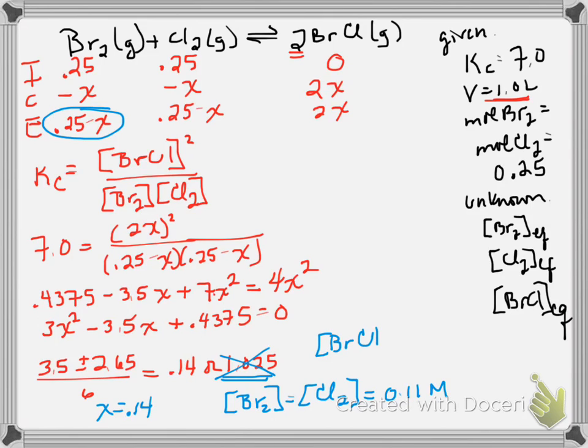Concentration of bromine chloride is going to be 2x, or 0.28 molar. Okay, there you have it.